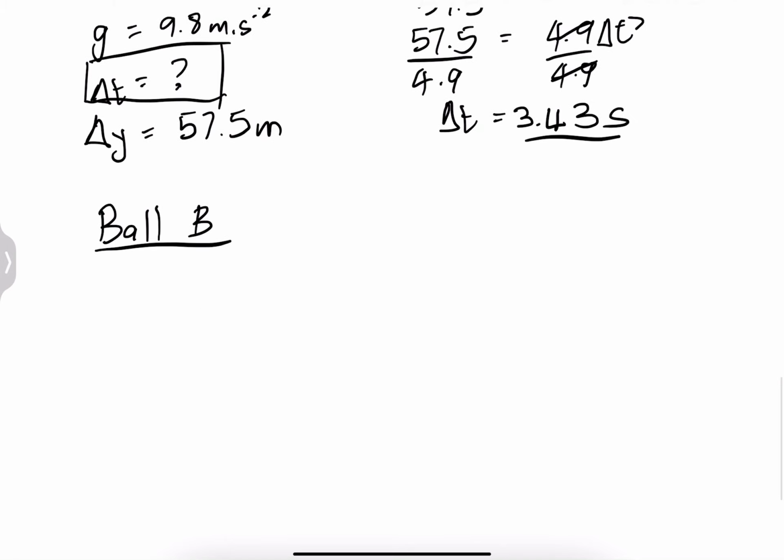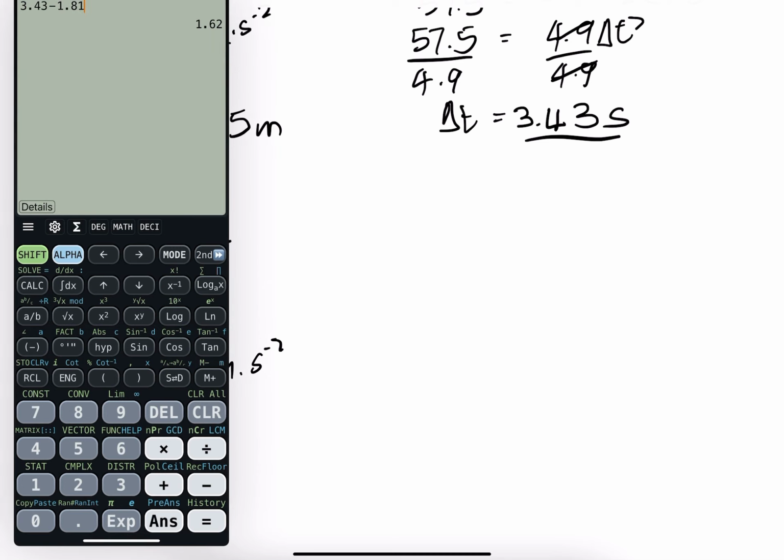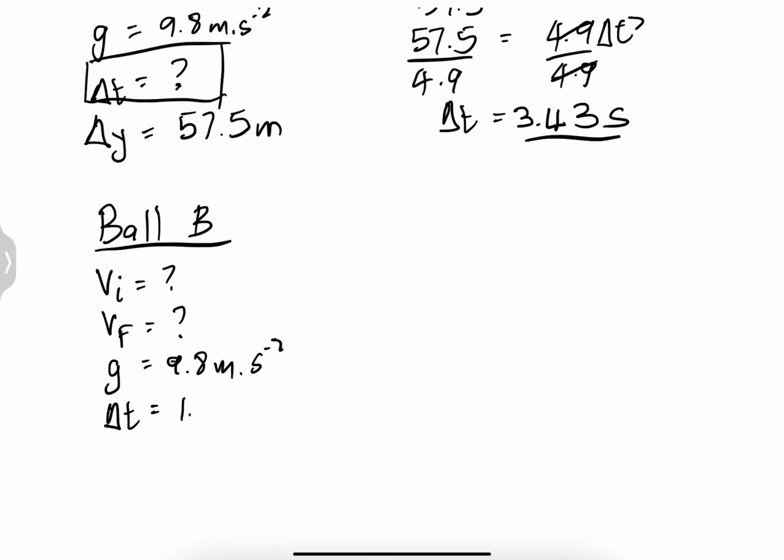So now we're dealing with ball B. We want to know what the initial velocity is. The final velocity we don't know either, but we know gravitational acceleration is positive 9.8 meters per second squared. The time that it took, remember, we said that's going to be that 1.62 seconds.